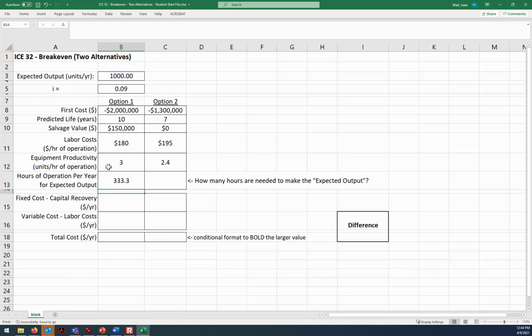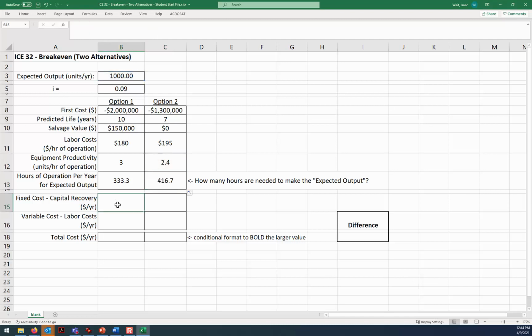So this tells us it's going to be 333.3 hours that the equipment needs to be operated in order to achieve 1,000 units. Now if I anchor the reference up here to the desired output, then that allows me to just drag the formula sideways, and it will look at the revised equipment productivity for option 2.